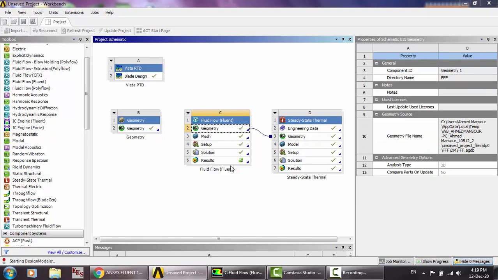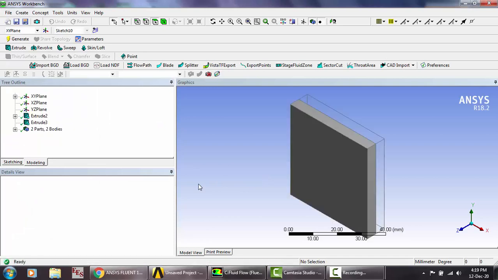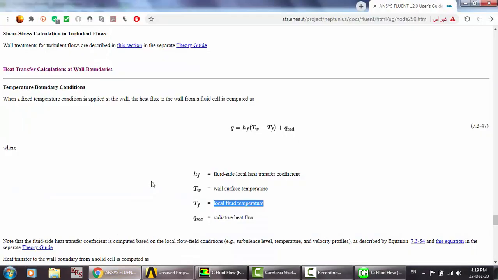There is a pretty high confusion when we use the convection in ANSYS Steady State and Fluent. Simply in ANSYS Fluent, we have temperature boundary conditions.